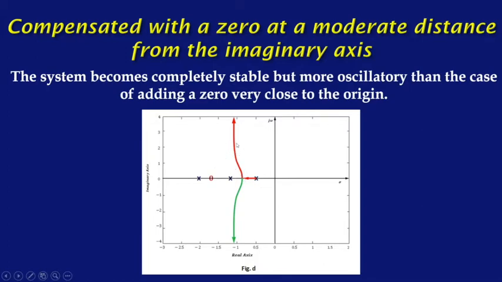So this root locus branch will not cross the imaginary axis. So the system becomes completely stable but more oscillatory than the case of adding a zero very close to the origin. The general effect of addition of zeros is a tendency to pull the root locus to the left of the s-plane and hence improve stability.